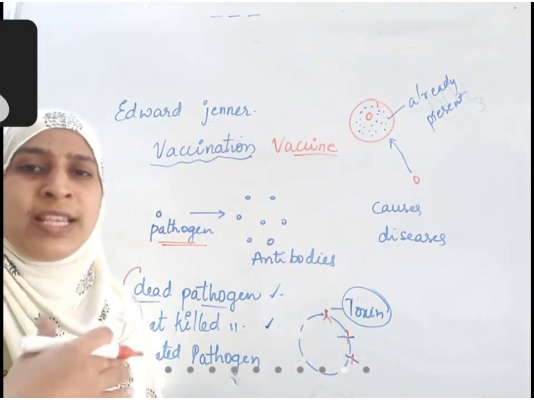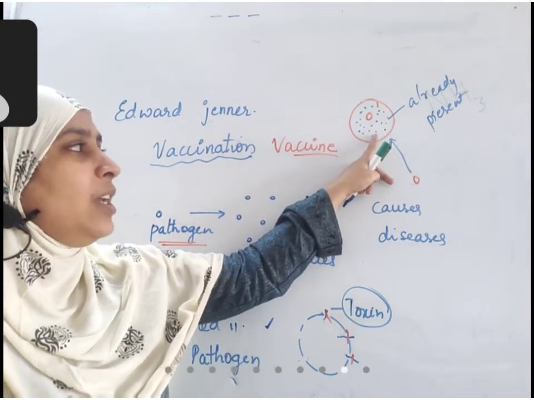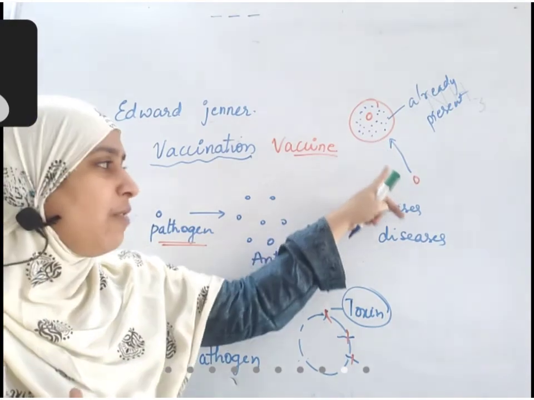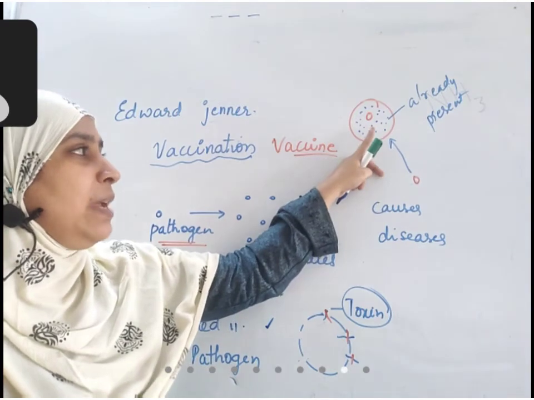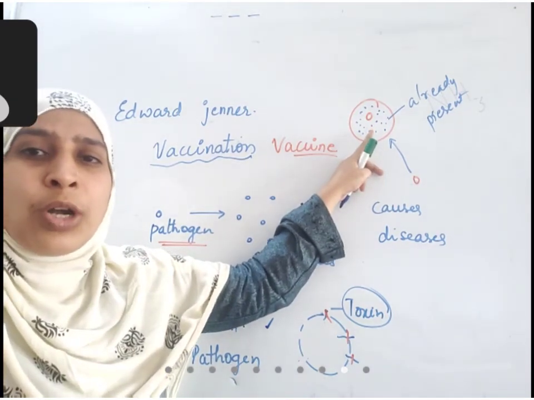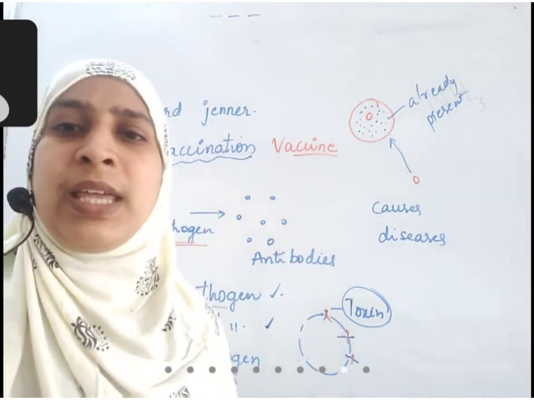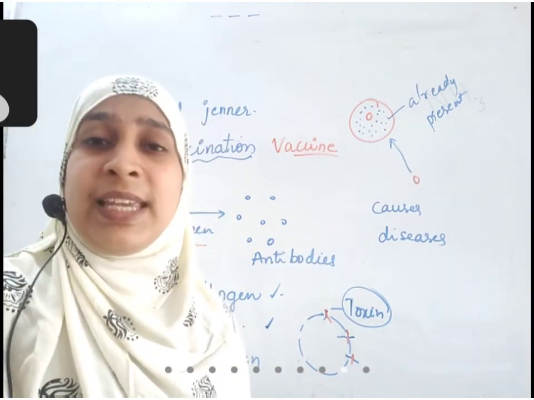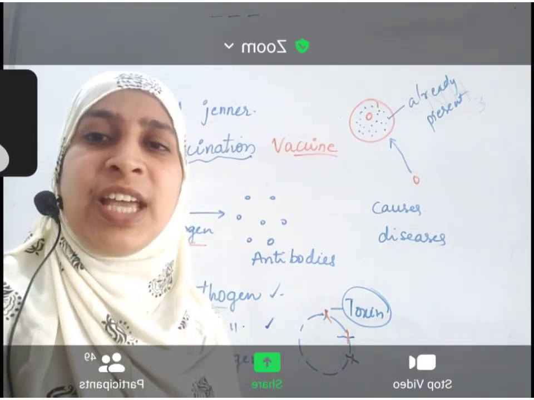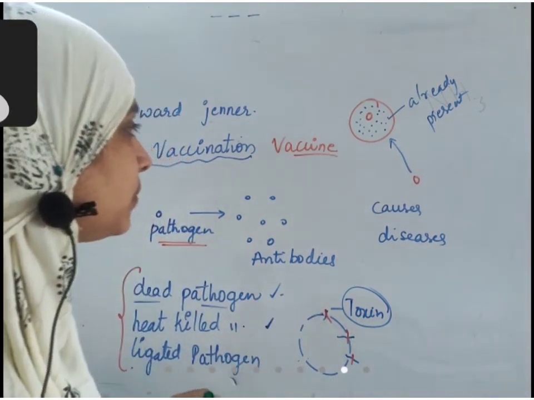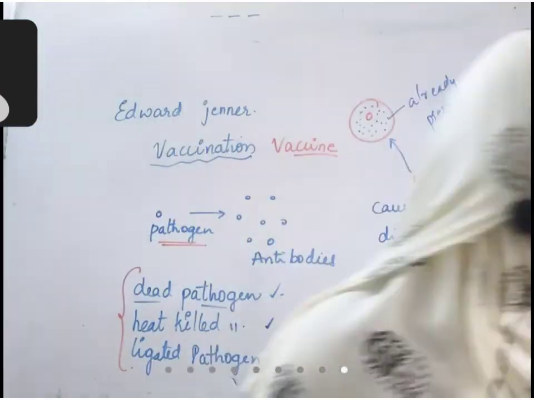But when you're administering vaccine, already you're appointing security in your body, and when the pathogen enters, immediately whatever antibodies are present in our body kill the pathogens that enter our body, and they are completely denatured in the initial stages, right? So that is how the vaccines will function.